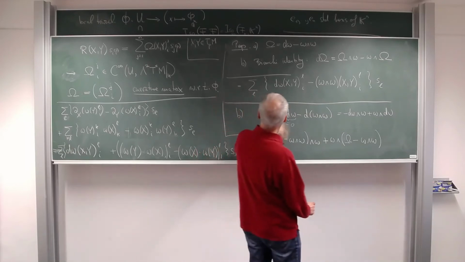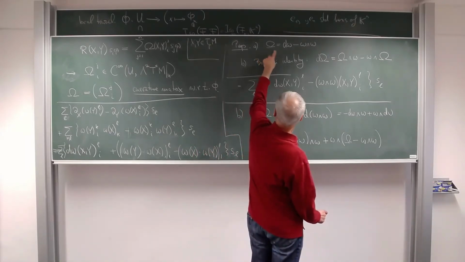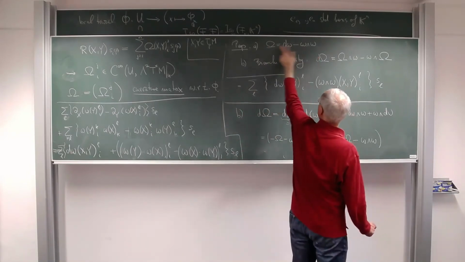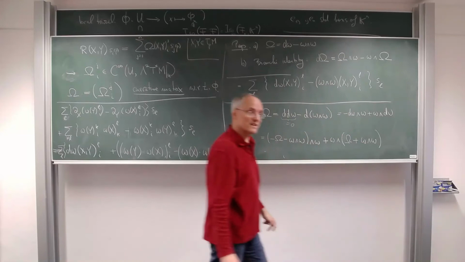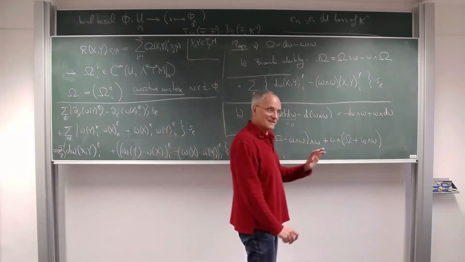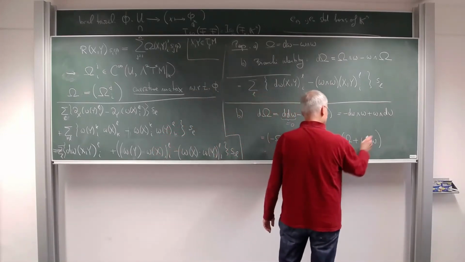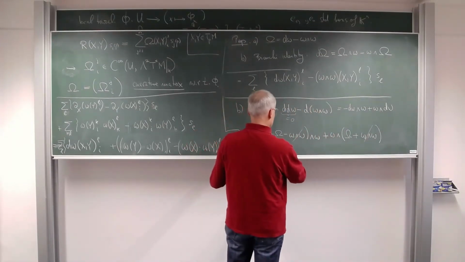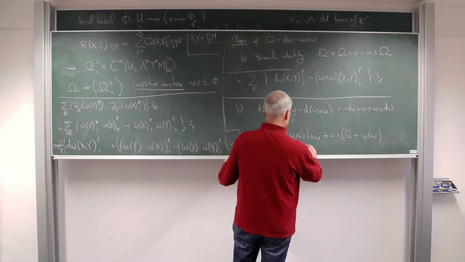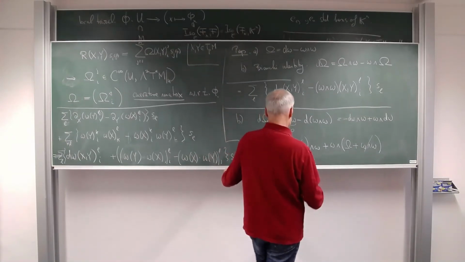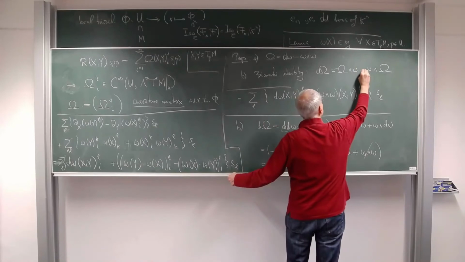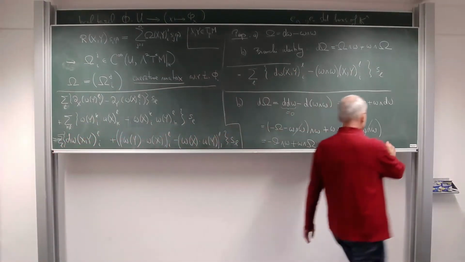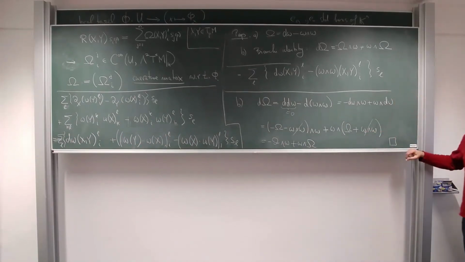Here it's a plus sign, right? If I bring this on that side, so here it's a plus. Yes, thanks. So in any case, they cancel. So this and that part cancel. And then we are left with minus capital omega wedge little omega plus little omega wedge capital omega. So it's the opposite side, right? So it's like this. Okay, that's it. So that's the so-called Bianchi identity.